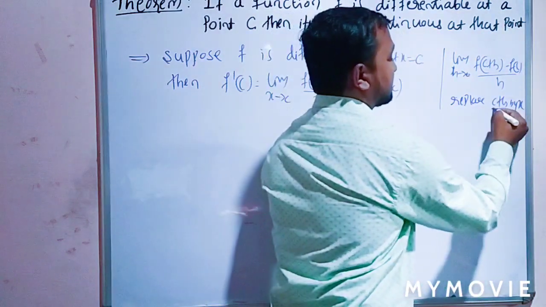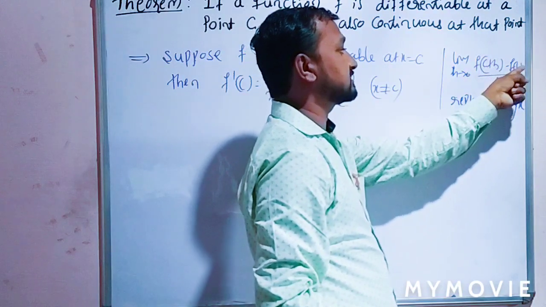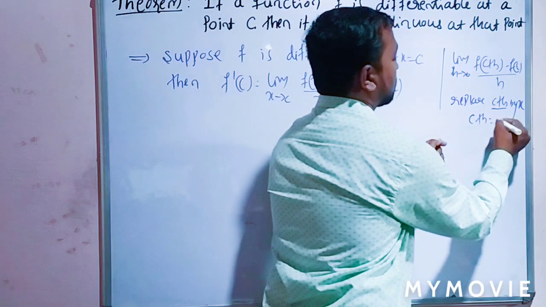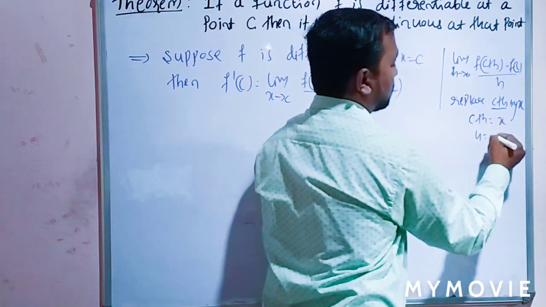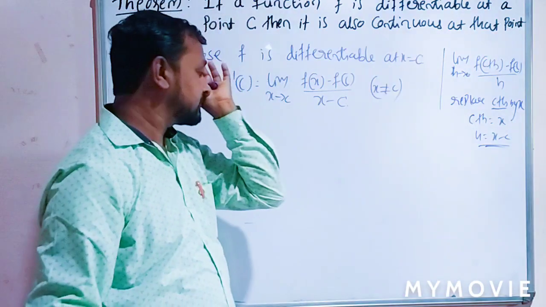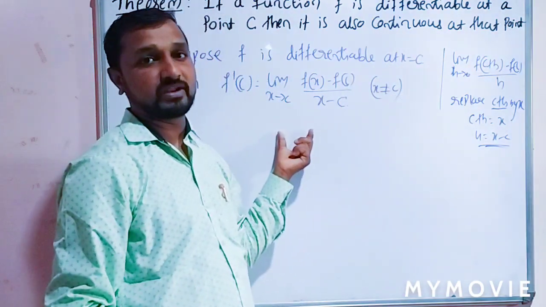Then it becomes f of x minus f of c divided by h, where c plus h equal to x, so h equal to x minus c. By using this first principle we find this formula. Okay, this is also a standard formula.